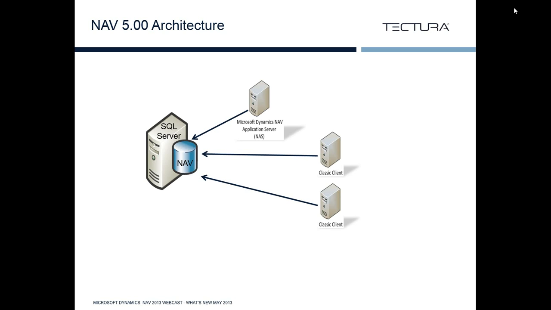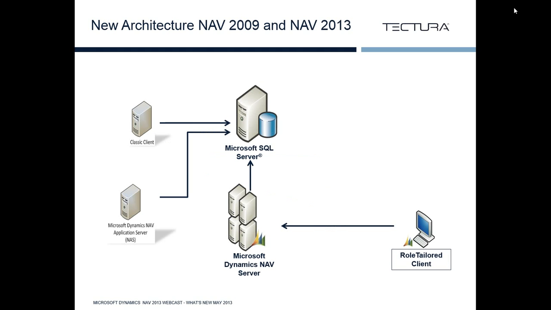Originally, NAV was a product that was delivered as a client-server environment, so what was known as the classic client connecting to a SQL server or the old NAV proprietary database. In addition to that, a service tier was provided through the Navision application server, which allowed access through third-party or additional applications and devices. But essentially, we were talking a client-server environment.